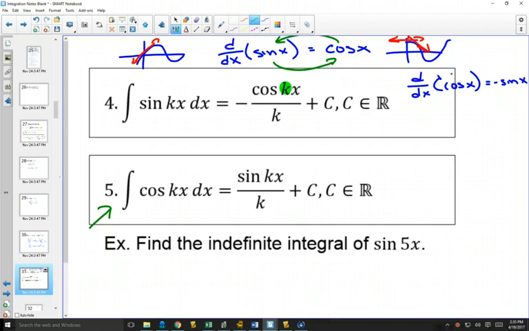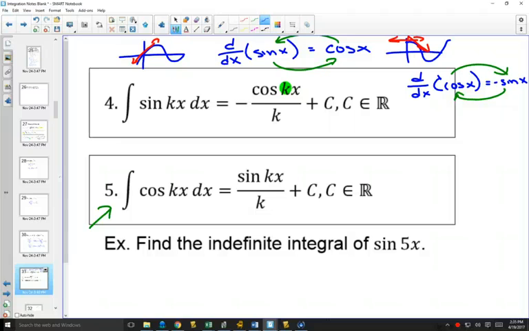With cos, the derivative of cos is negative sine, so working backwards, that negative you'd have to move to the other side. The integral of sine will be negative cos. And so that's why we have a negative right there. And I find if you remember just the derivatives and write them out, you'll be able to see what you need to do when you work backwards.